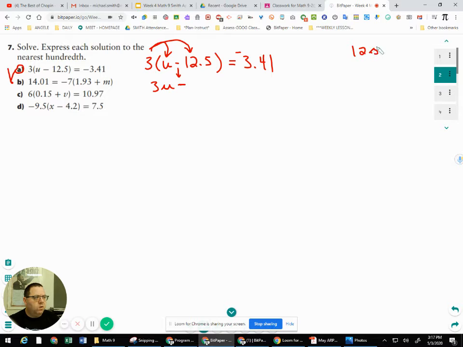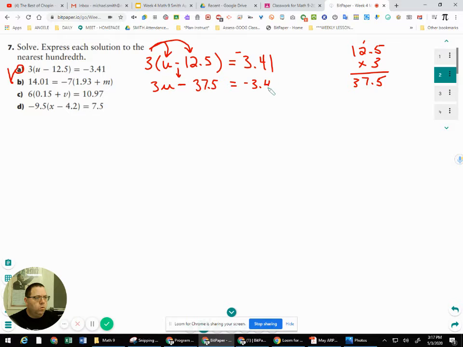So let's do that one. 3 times 12.5. Okay, so that's 15, carry the 1, 6, plus 1 is 7, 3 times 1 is 3, so it's 37.5. So 37.5 is equal to negative 3.41, okay?